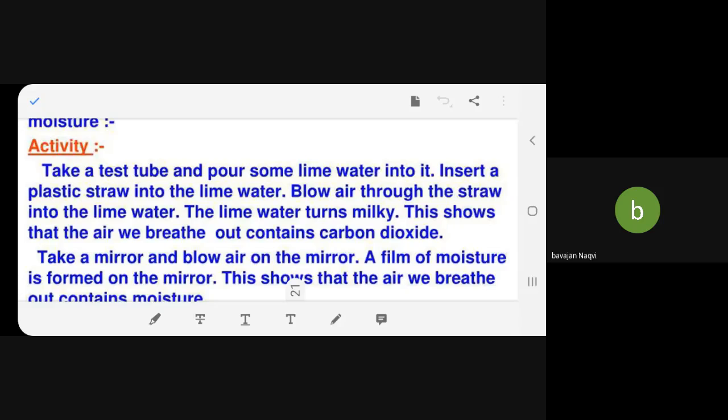Have you understood it nicely, beta? Yes, ma'am. No problem? Do you think that this portion is tough and you're not able to understand? Or is it clear? Clear. Thank you, then.